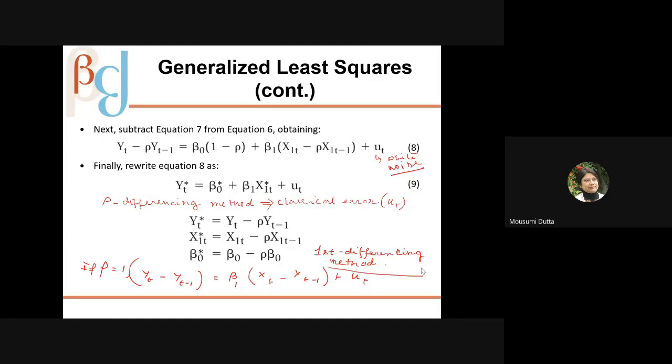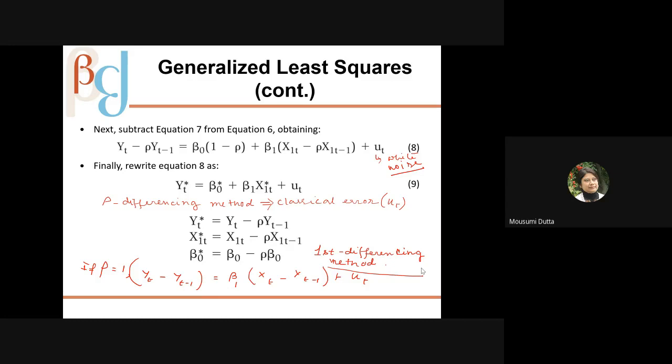When we are considering this kind of transformation, I hope you already marked that though the structure of the intercept term is changing, the structure of the slope term is not changing. The structure of the regression coefficient, if you go for the rho differencing method or the first differencing method, is not changing at all. So the interpretation of all slope coefficients will remain unchanged over the OLS and the GLS model.